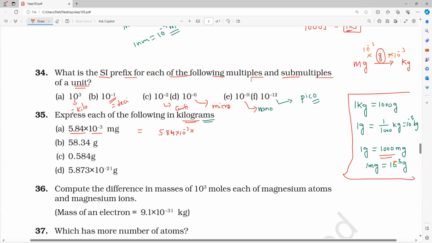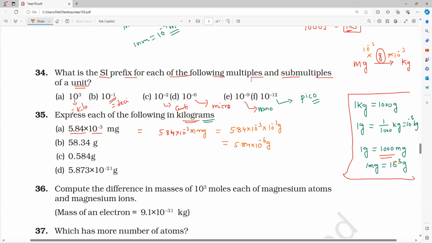Okay, so I'll multiply. 5.84 into 10 power minus 3 into 1 mg. 1 milligram means how many grams? 10 power minus 3 grams. So which is equal to how much? 5.84 into, minus 3 plus minus 3, how much?